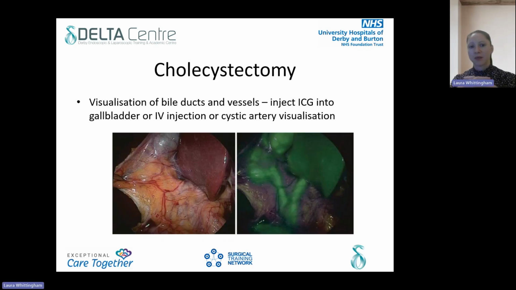And finally, it has been used in cholecystectomy, either by injecting ICG into the gallbladder, which allows the bile ducts to be clearly visualized, as you can see on the right-hand side of the slide, or it can be injected IV, again, put into the bloodstream to visualize the cystic artery.